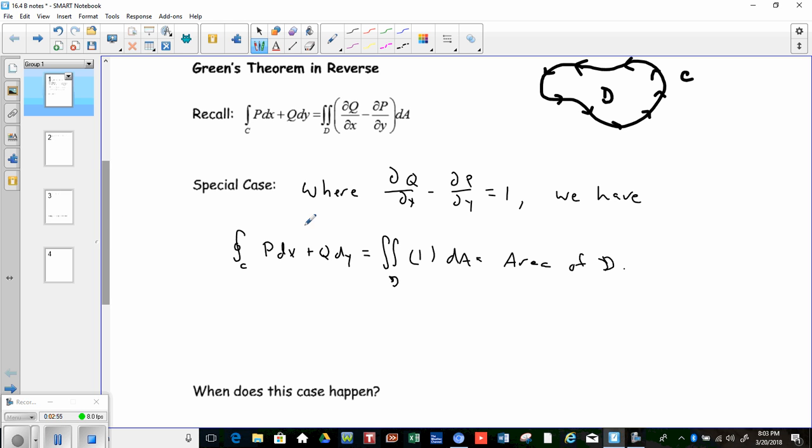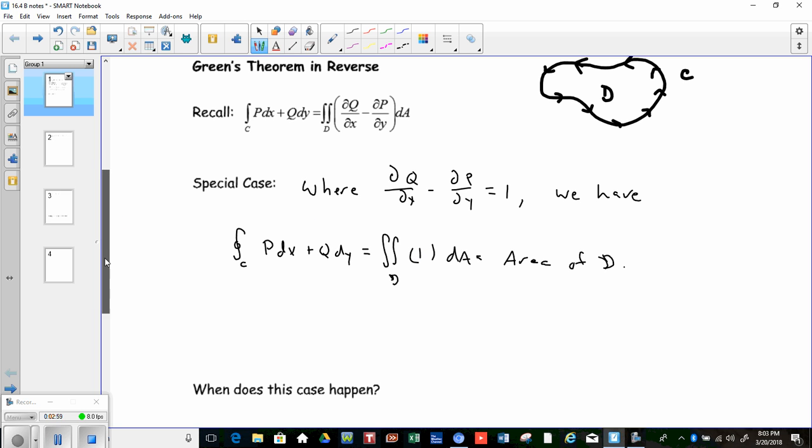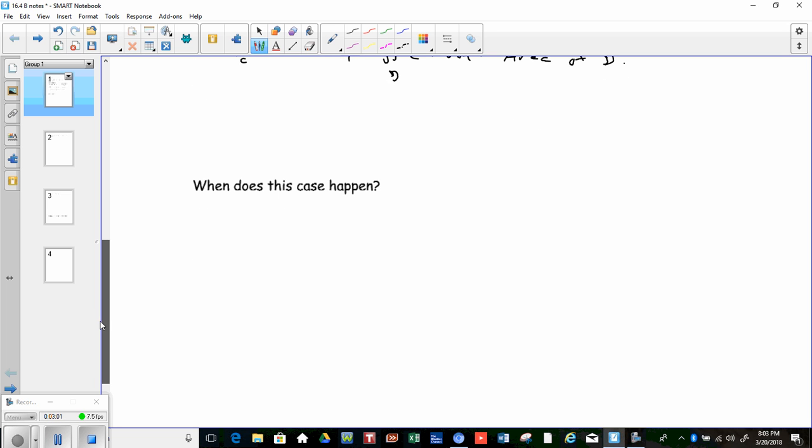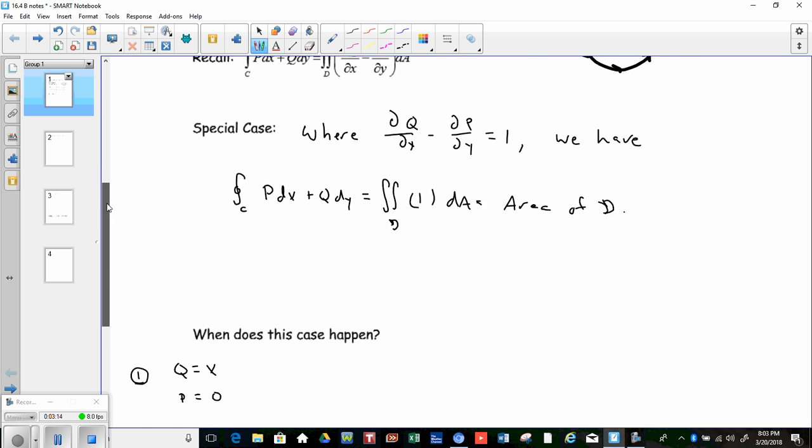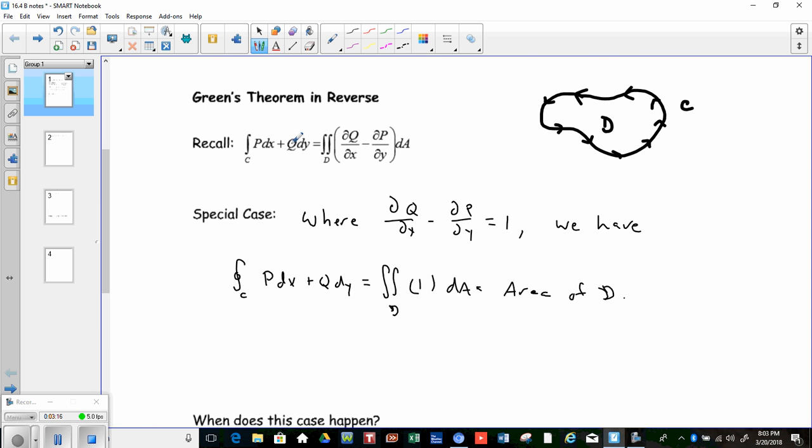All right, so when can this happen? When can we actually get that dQ/dx minus dP/dy equals 1? Well, there's a few simple cases that we could look at. First one would be if we let Q equal x and P equal 0. Let's go back up here real quick. If Q is x, and P is 0, well, if P is 0, this whole P dx goes away.